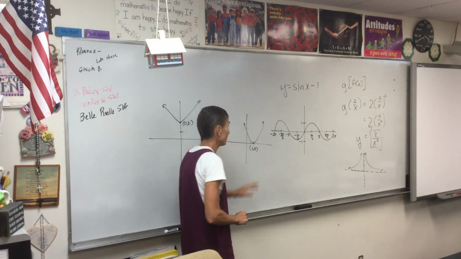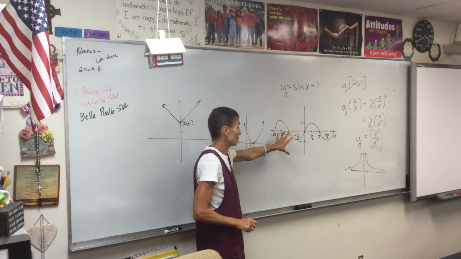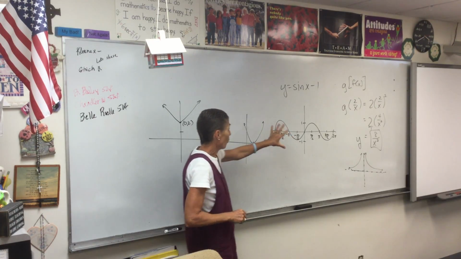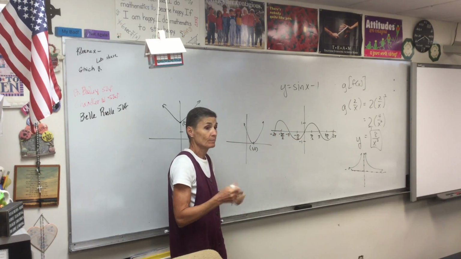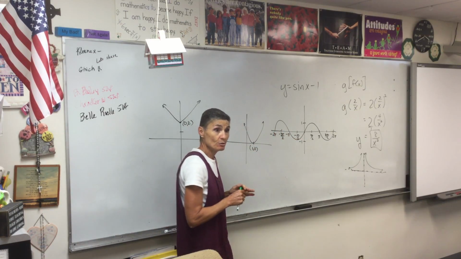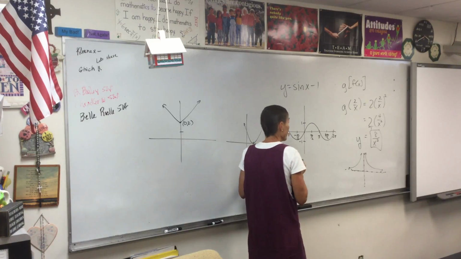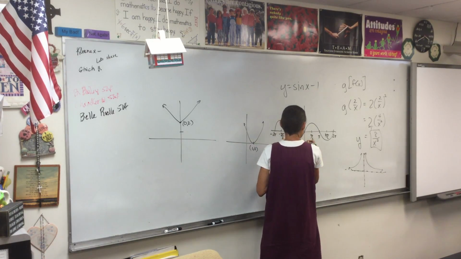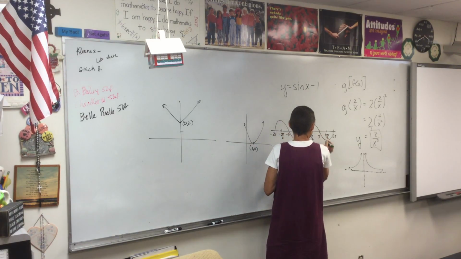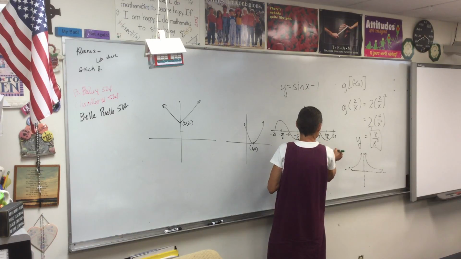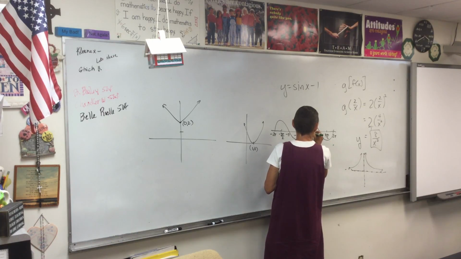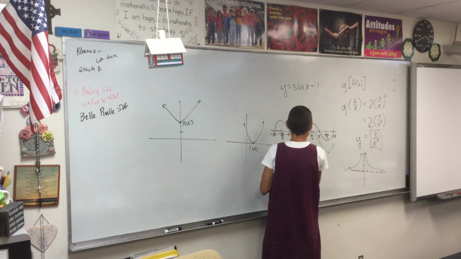So what happens to this basic picture that you've got memorized? What happens to that now? It goes down 1 unit. So every point on the graph comes down 1 unit. So if it's easier for you, you can just literally drop the points 1 unit.